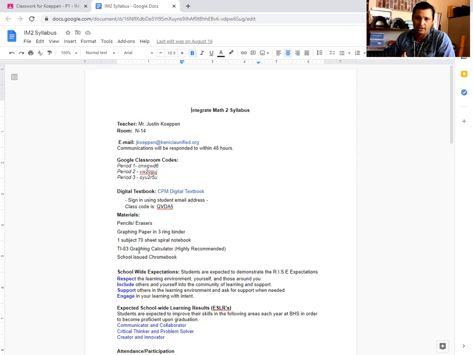If your scholar intends on going on to IM3, pre-calc, calc, going to a 4-year college or doing a mathematics course or anything in college, this technology has not advanced very much since I was in high school, and that was oh so long ago, almost 20 years now.